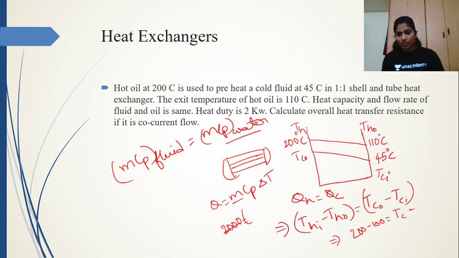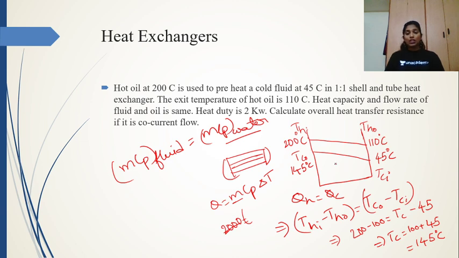We don't know this TC naught. From this you will be getting 100 plus 45, which is nothing but 145 degrees centigrade. If it is a counter-current flow, this is the temperature profile.